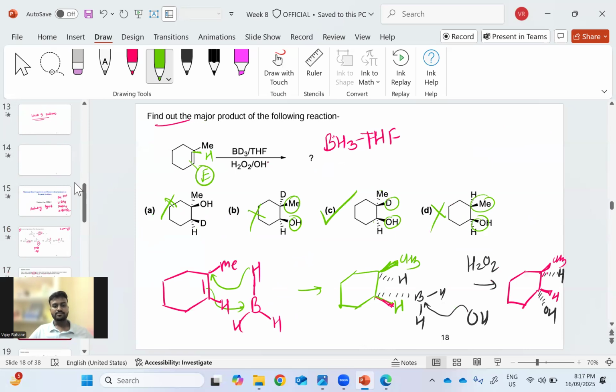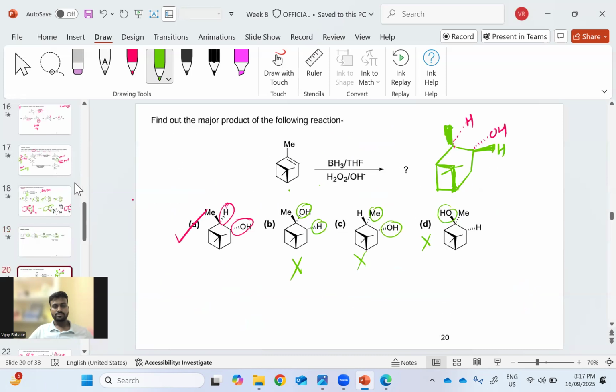Then we have seen the addition of BH3·THF on the double bond, followed by the attack of H2O2. This was the product, with some problems and examples with an already present stereocenter in the starting material. So there will be stereoselectivity and again regioselectivity. Both concepts are covered in the same question.